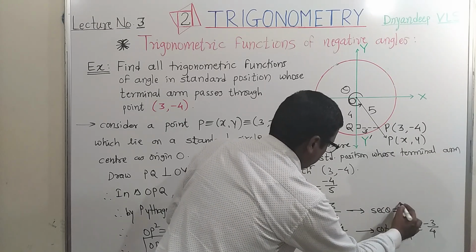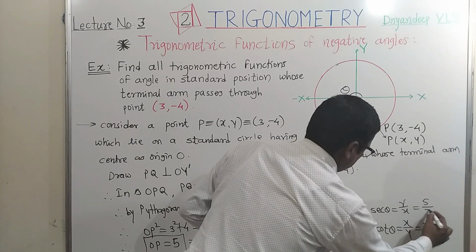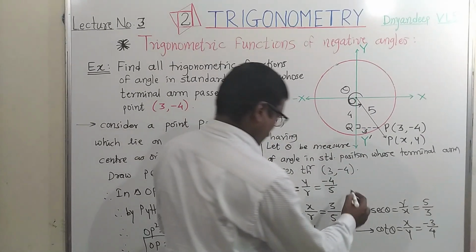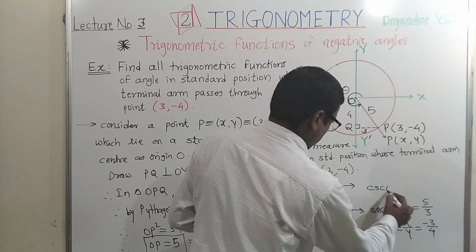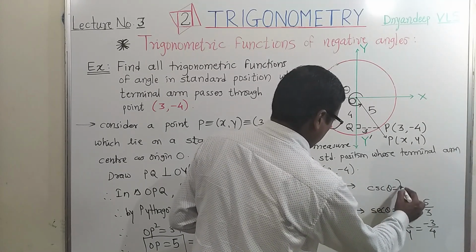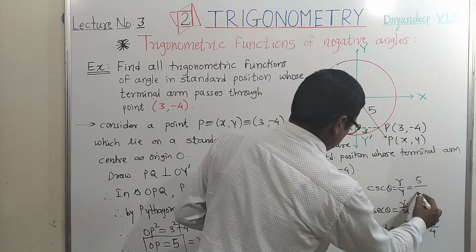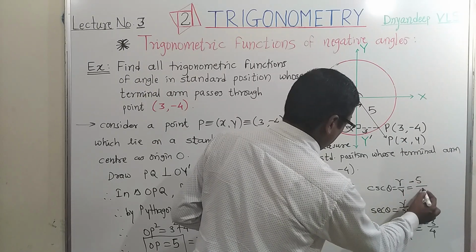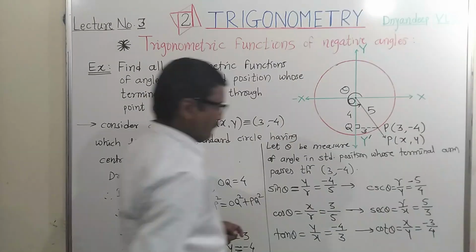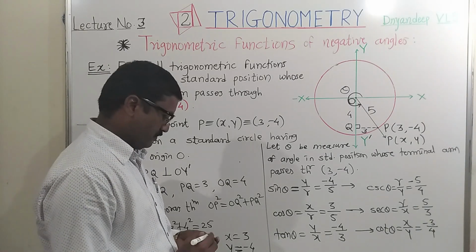So sec theta is r upon x. R is 5 and x is 3. From sin, we can write cosec. Cosec theta is equal to r upon y. R is 5 and y is minus 4. So write this minus sign for the numerator, or in between the 5 and 4. So it is minus 5 by 4.